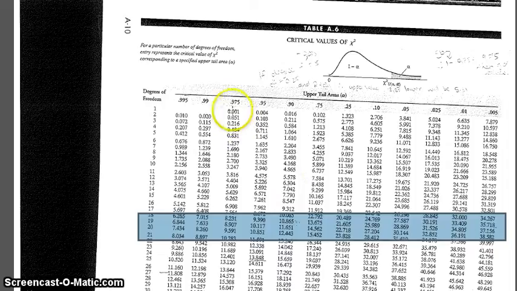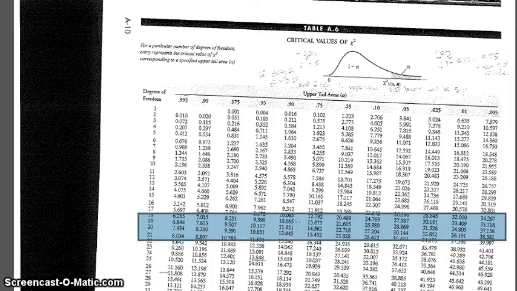The other end would be 0.975, and that critical value is 8.907. I'll just trace my cursor along this line so that you can see where I obtained those values from.